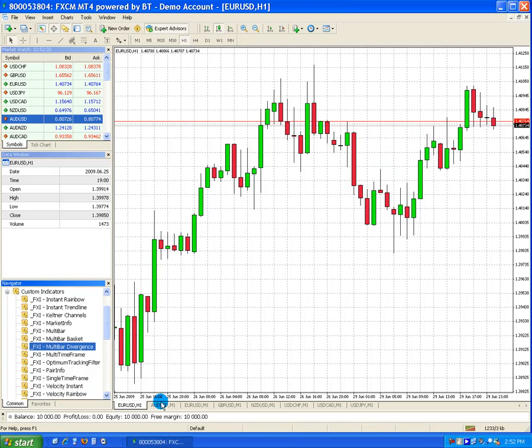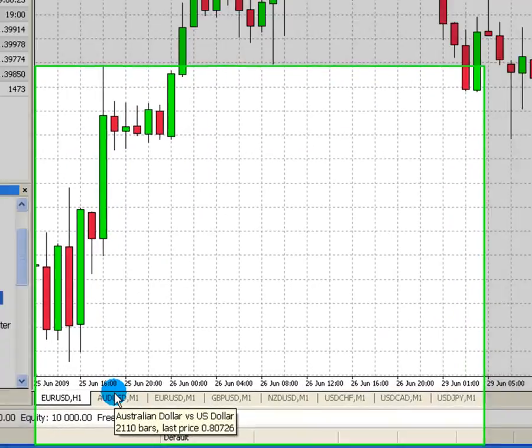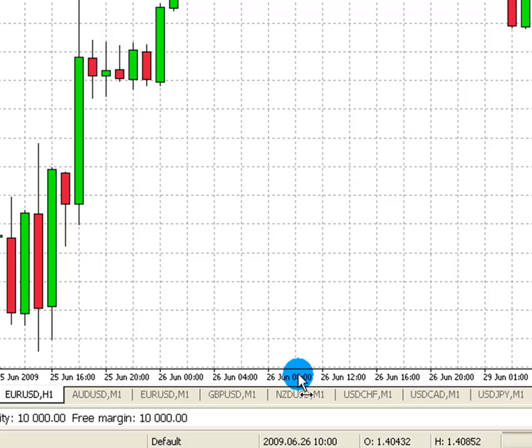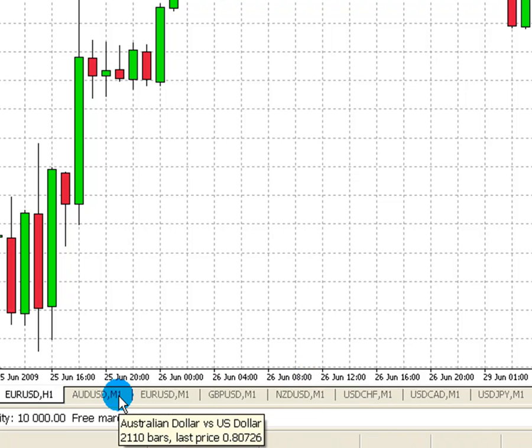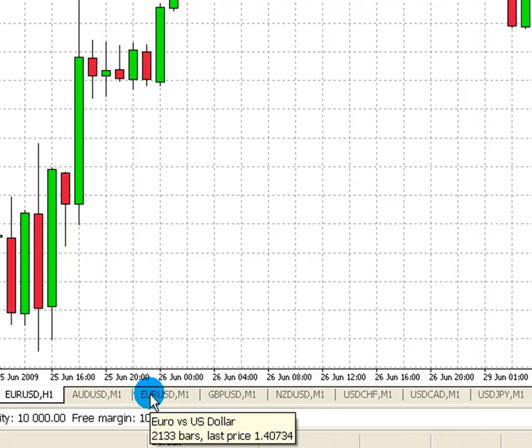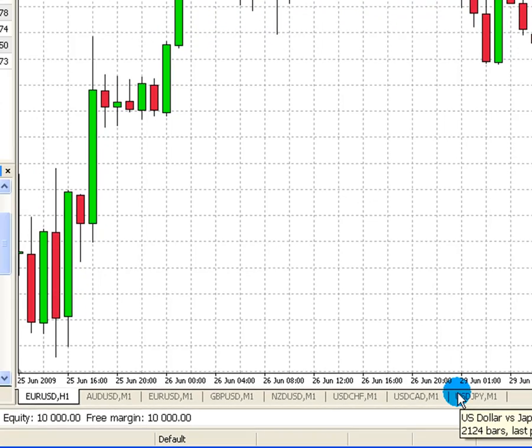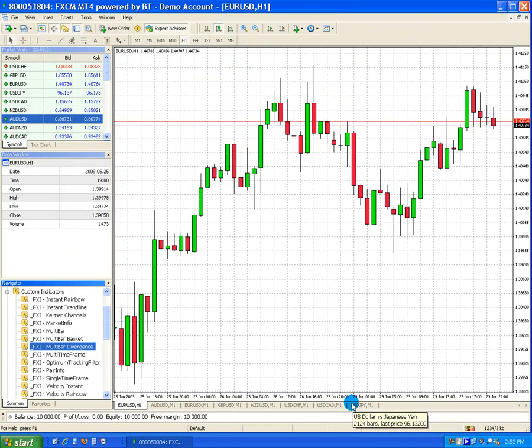The first is that for all of our internal indicators, such as MultiBar Divergence, we need the 1 minute data for all of the major currencies loaded. To do that, you need to open up a chart for the Aussie dollar, the euro dollar, the pound dollar, the New Zealand dollar, the dollar Swiss, the dollar CAD, and the dollar yen, and make sure that all of them have 1 minute data loaded, so that they're M1 charts.